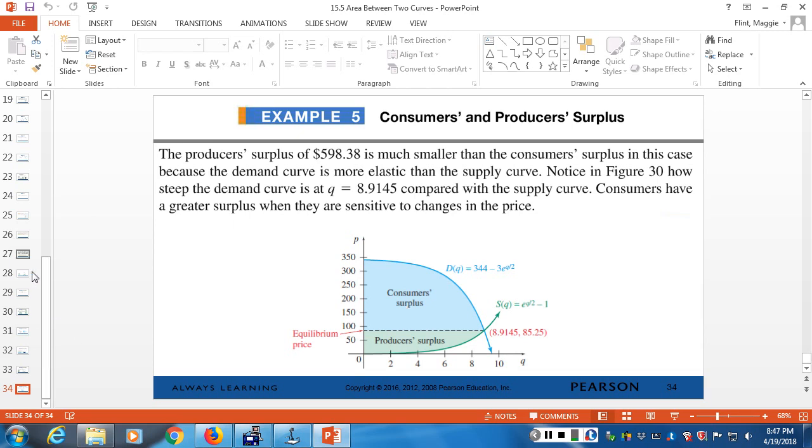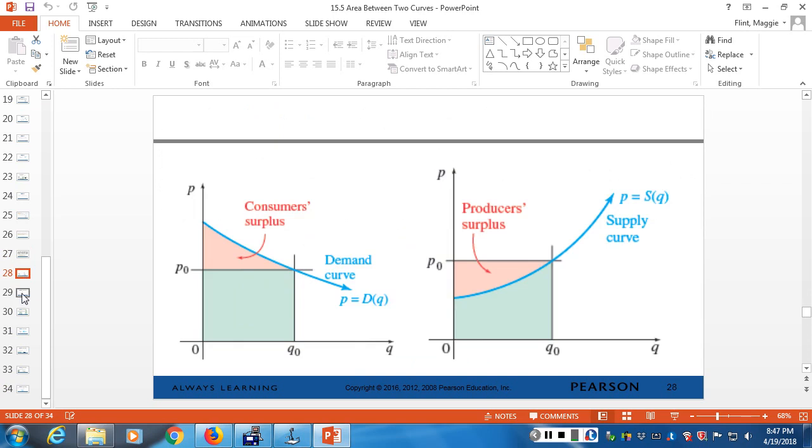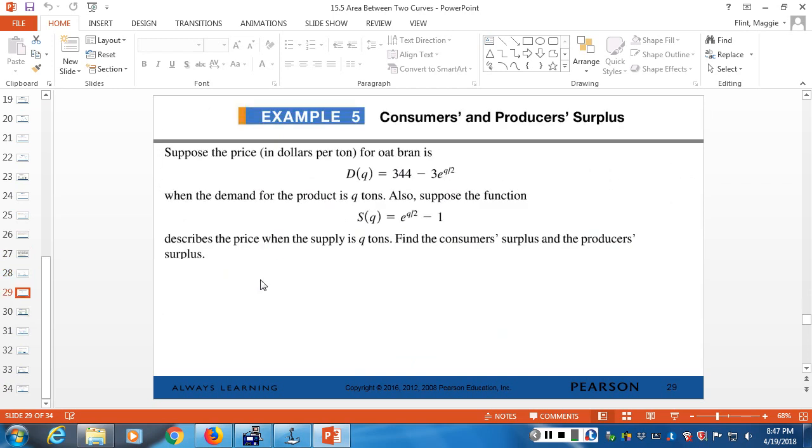So we're going to go back and just kind of quickly go through the steps. I'm not going to keep you here over tonight. So here's the price setup. The price in dollars per ton for Oak Brand is D of Q, and that is a price. It's a price depending on the demand for Q units.